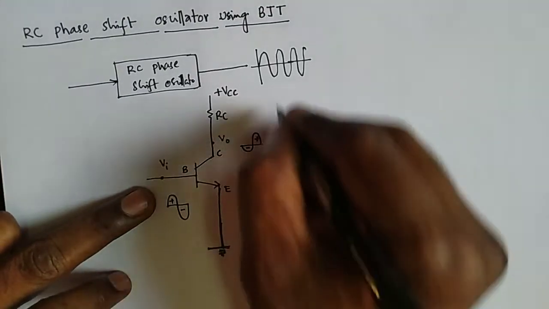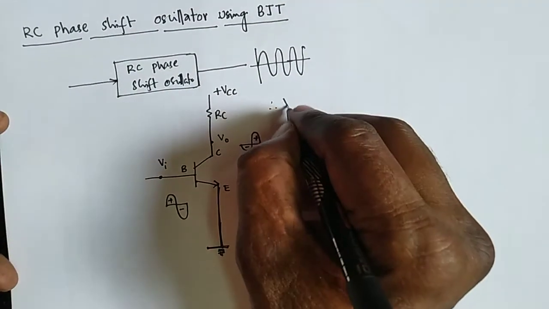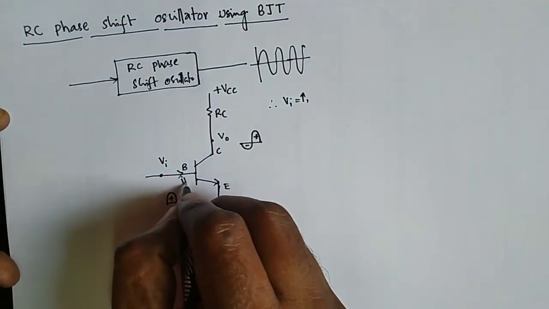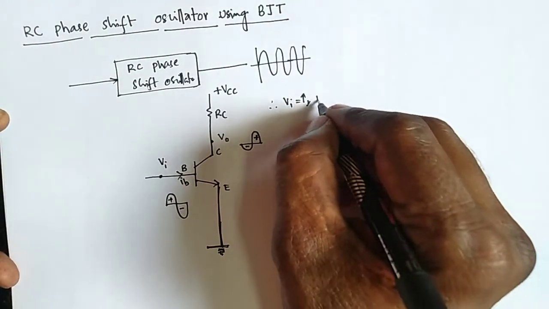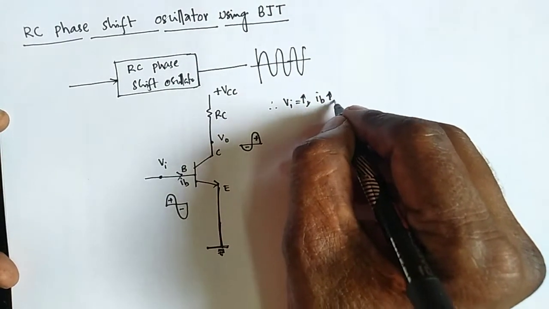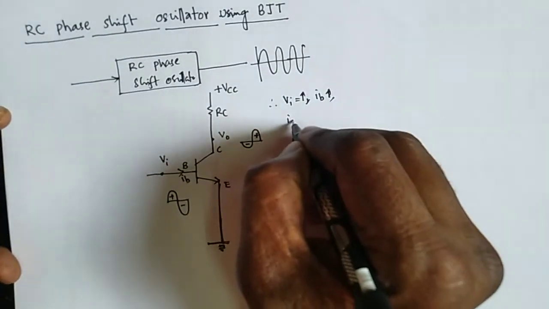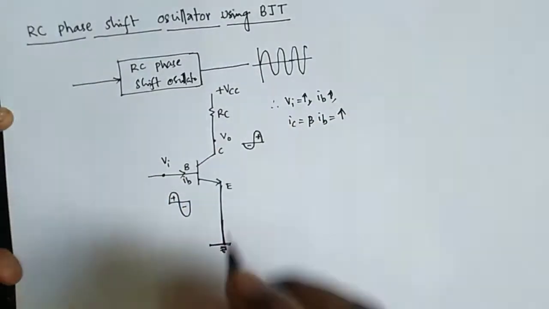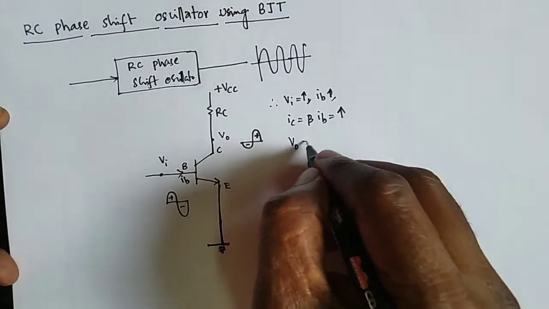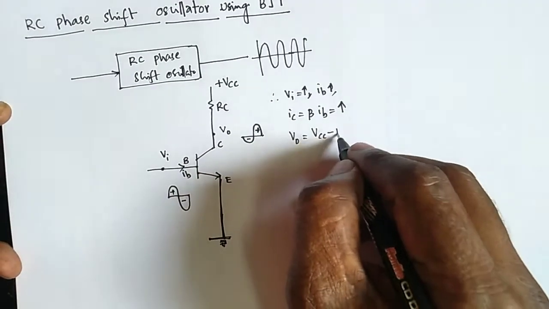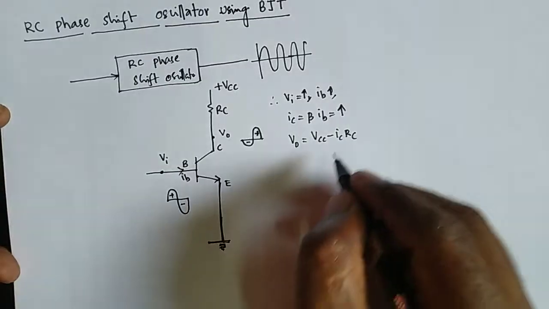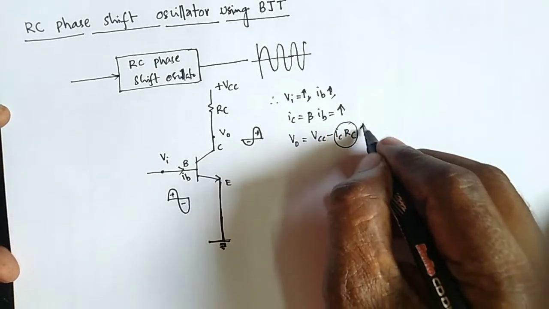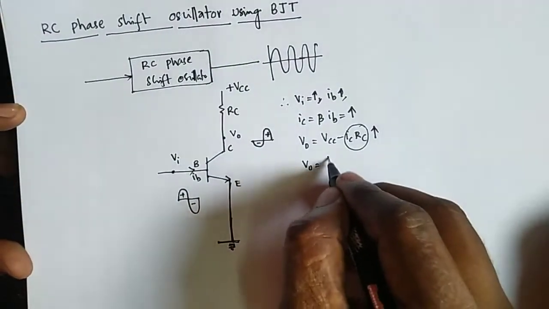VI value increases, we know from last class we explained, when VI increases, the current IB value increases. So here IC is equal to beta into IB, that value also increases. Then V0 is equal to VCC minus IC into RC, where IC increases, this part increases, V0 value decreases.